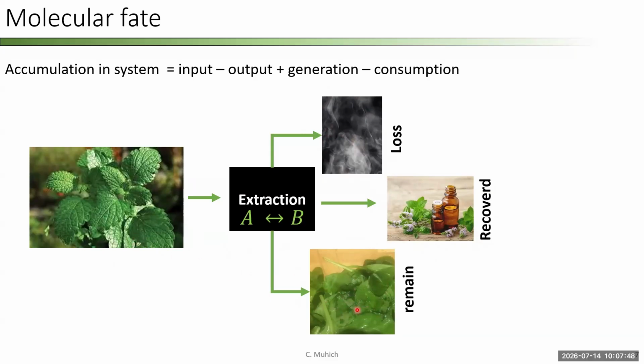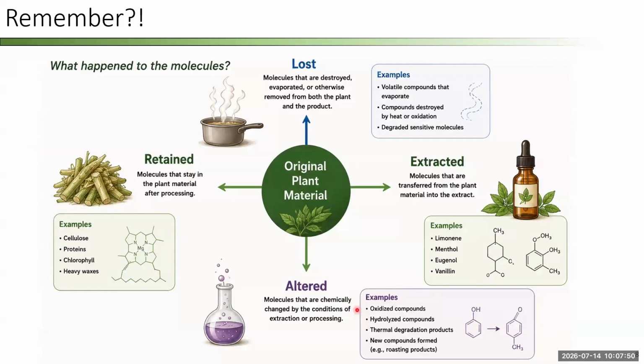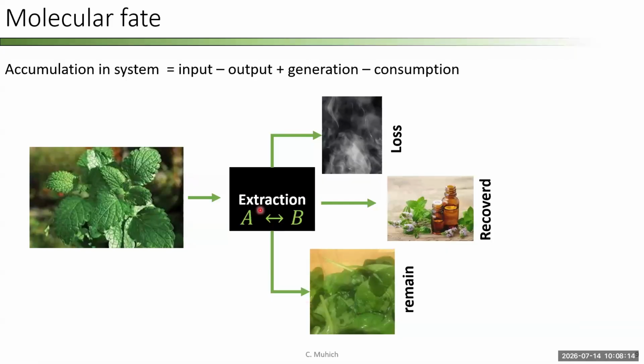So how much remains? And this is going to be just like we showed a few lectures ago, where we asked what happened to materials, and we said that we can have the molecules be retained in the solids, lost to the gas phase, extracted, which is what we want, or somehow altered. And now we're just going to start putting some numerics to this, right? So we have this equation.